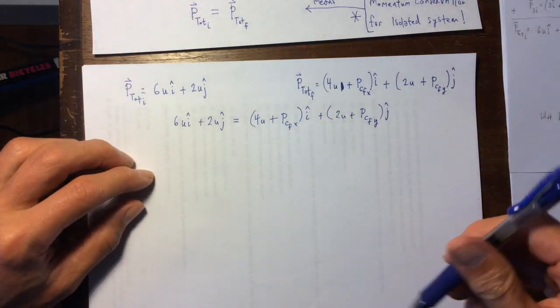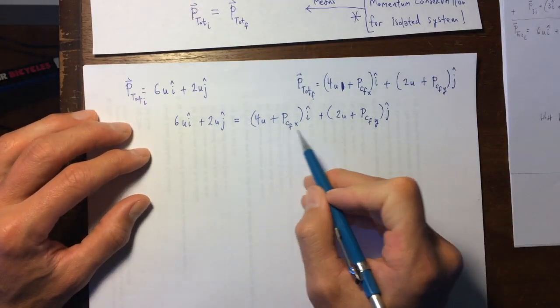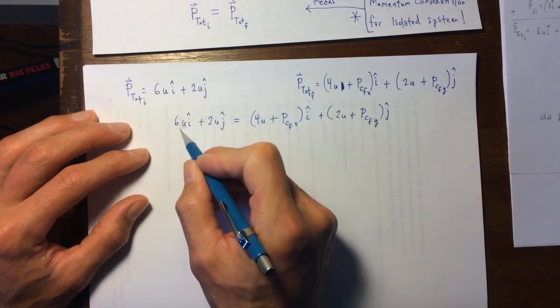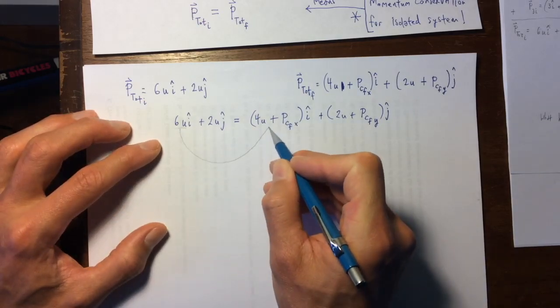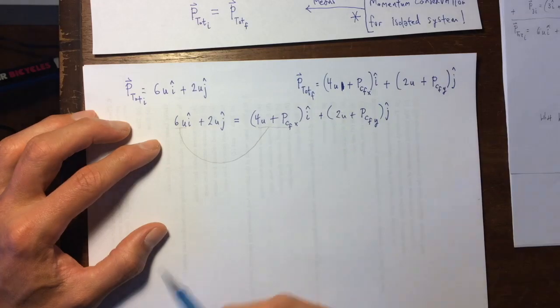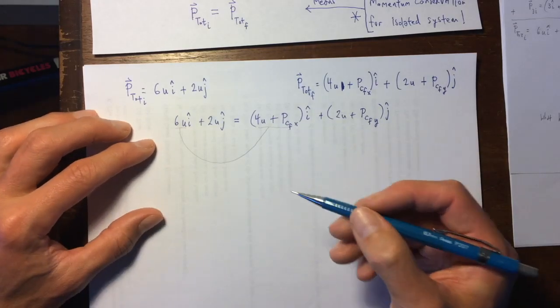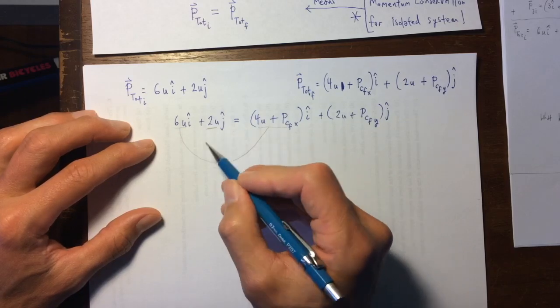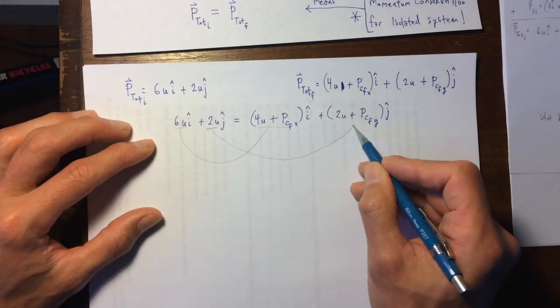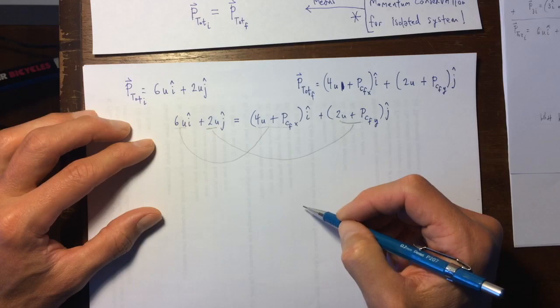And so you can see that in the i hat direction, 6u needs to be 4u plus p sub c in the x direction, final. And then also 2u needs to match up with all of that stuff.